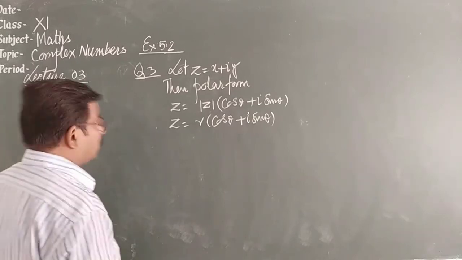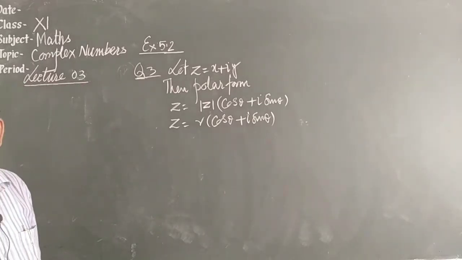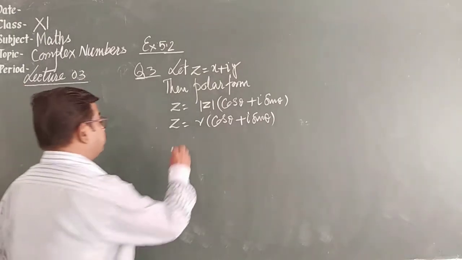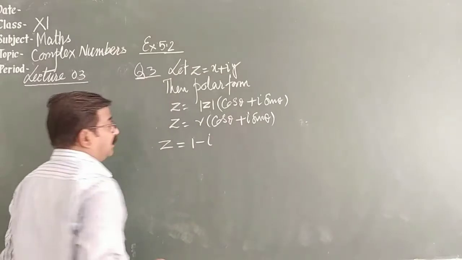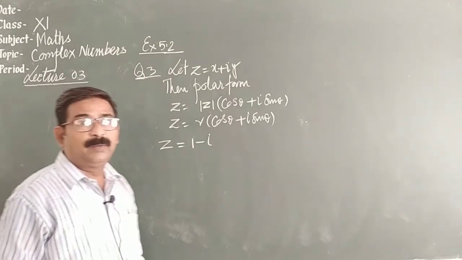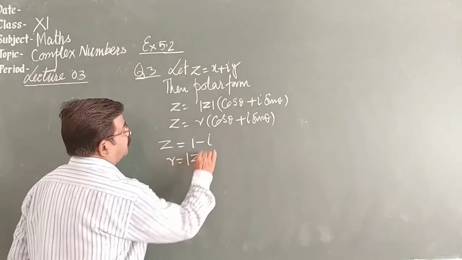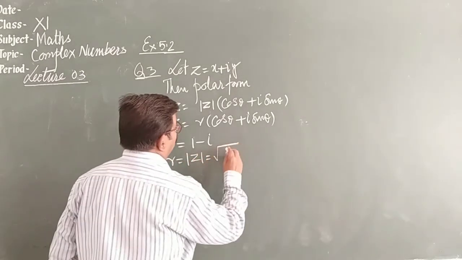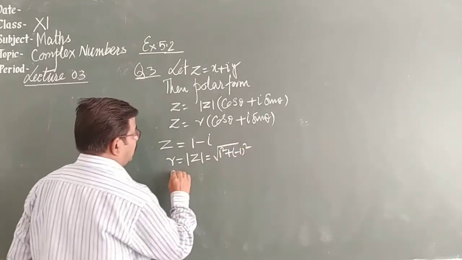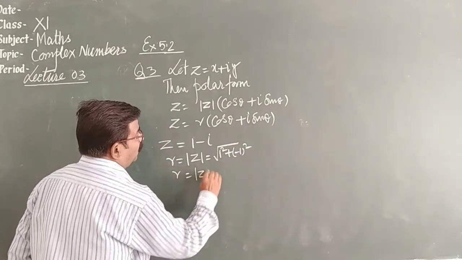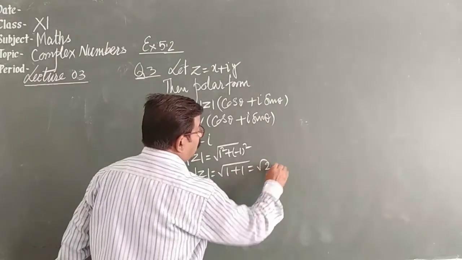See, question number 3. Given z is equal to 1 minus i. So first we are going to find the modulus, that is r is equal to mod of z is equal to under root 1 square plus minus 1 square, which is under root 1 plus 1, equal to under root 2.